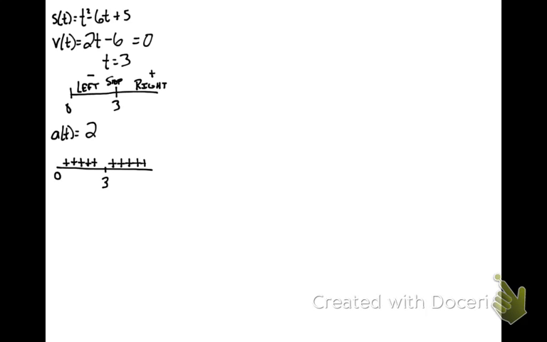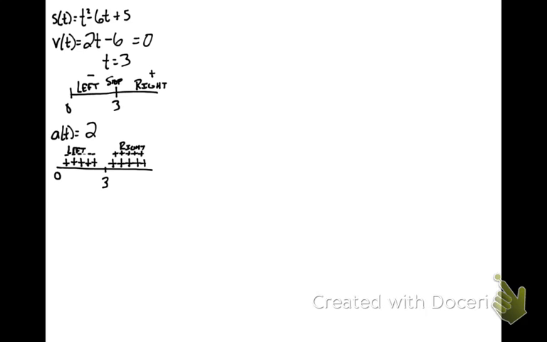Now we think about the motion. If we think about when it's speeding up and slowing down, remember that for velocity, from 0 to 3 it was moving to the left because everything was negative. And after 3 it was moving to the right because everything was positive.